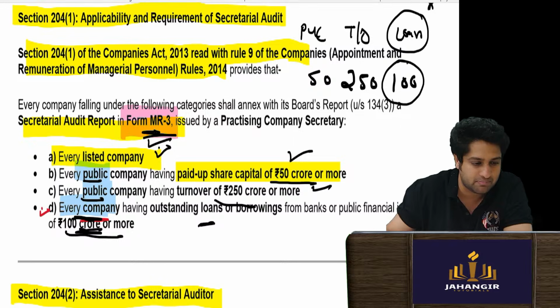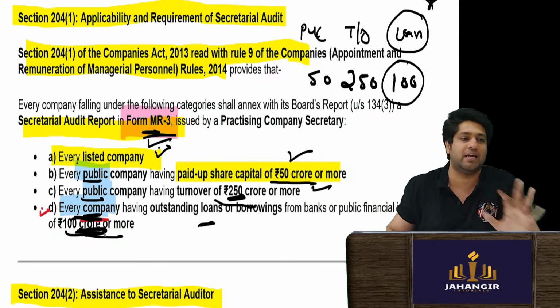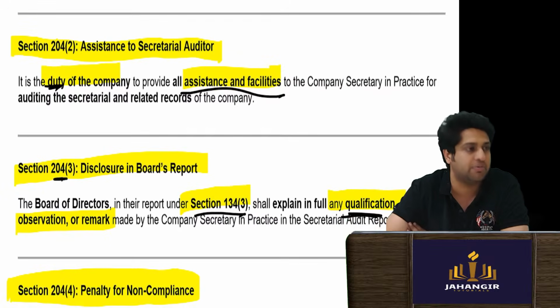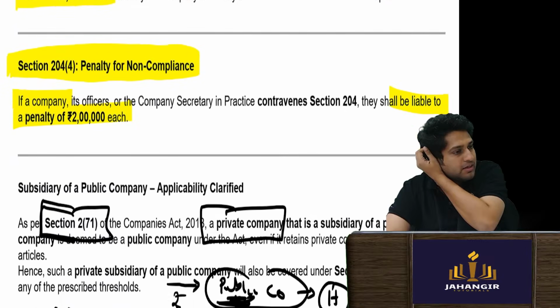Every listed company, every public company having paid up capital of 50, every public company having turnover of 250, and every company having a loan amount of 100 or more. So you can just read between the lines, take a screenshot. Very, very important. Assistance is to be given. The company should give assistance to all the CS. Disclosure in the board report and penalty amount. Clear till here?